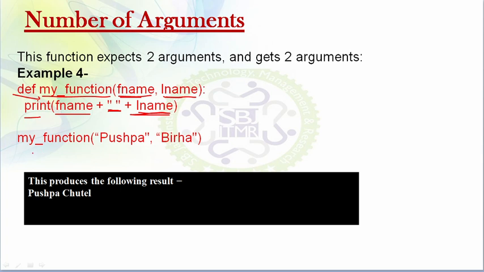Okay, so now I am calling my function, and I am passing two arguments. In place of fname I am passing Pushpa, and in place of lname I am passing Bira. So this first string will be copied to my fname, my second string will be copied to my lname, and it will give me the result as Pushpa Bira.